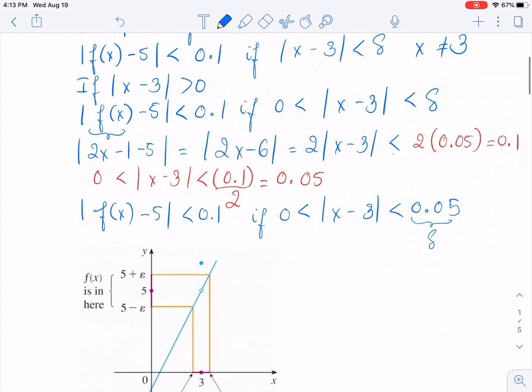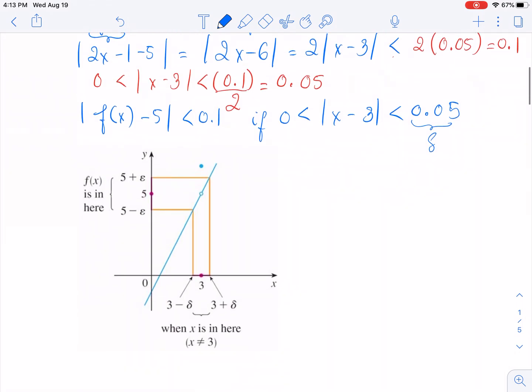So you see right here, look at the graph. You see when x is in here, f of x is in here. Okay, so we want delta to be small enough so that f of x is within epsilon of the limit.